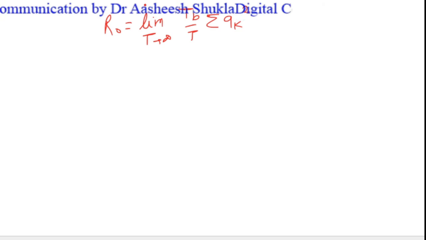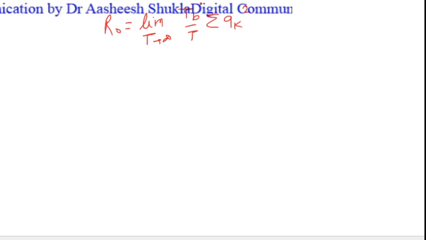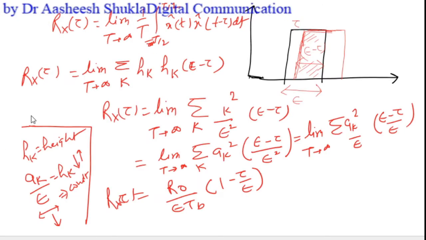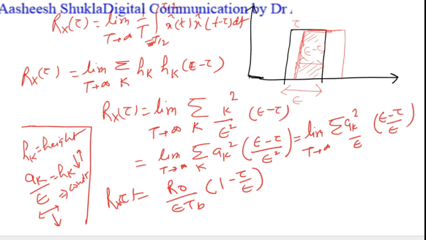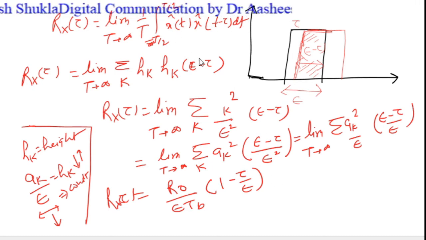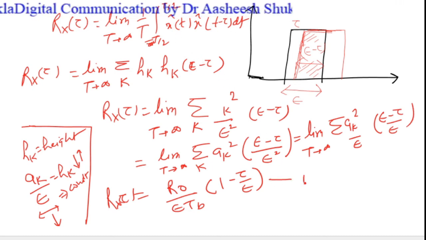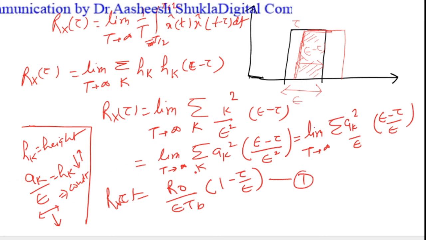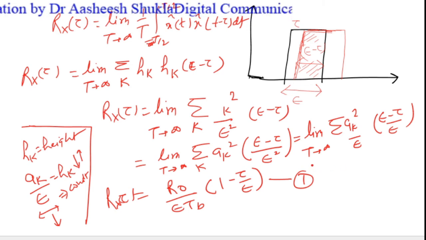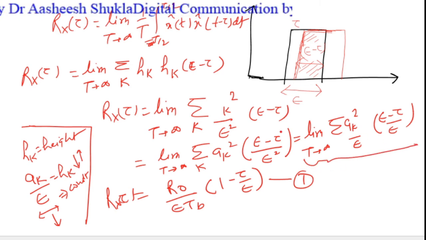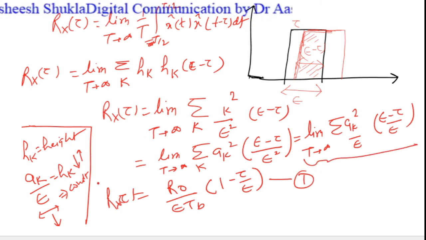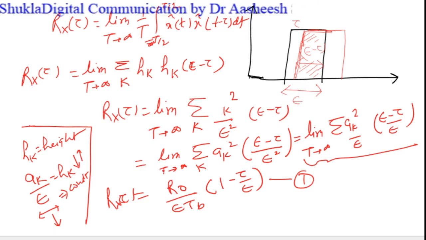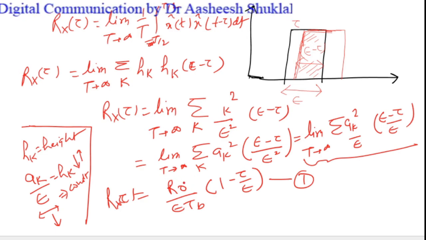So if you put the value of this R naught in the previous equation, this is your equation number 1, you will automatically get the same original value of autocorrelation, right? So this is nothing different, we have just mathematically substituted this factor R naught.